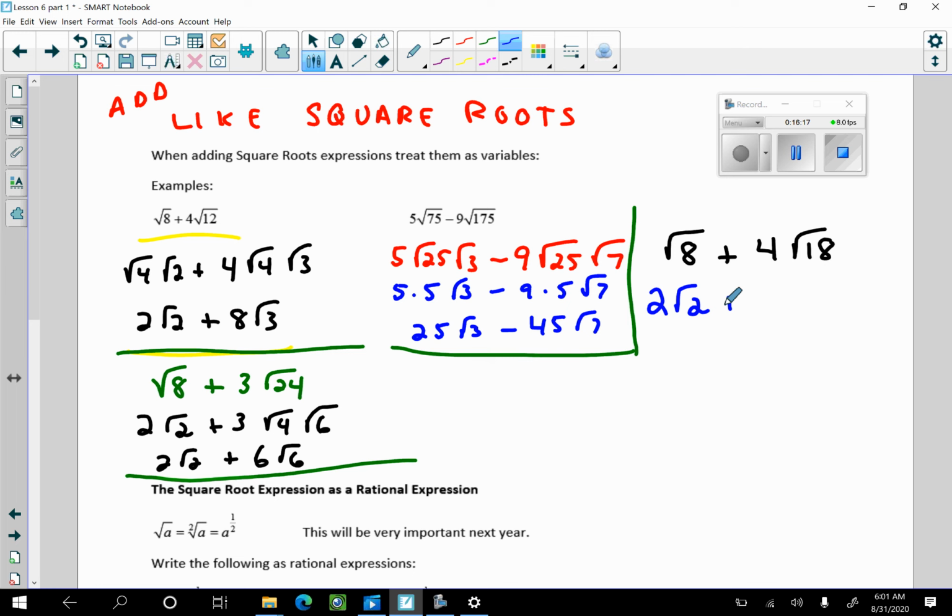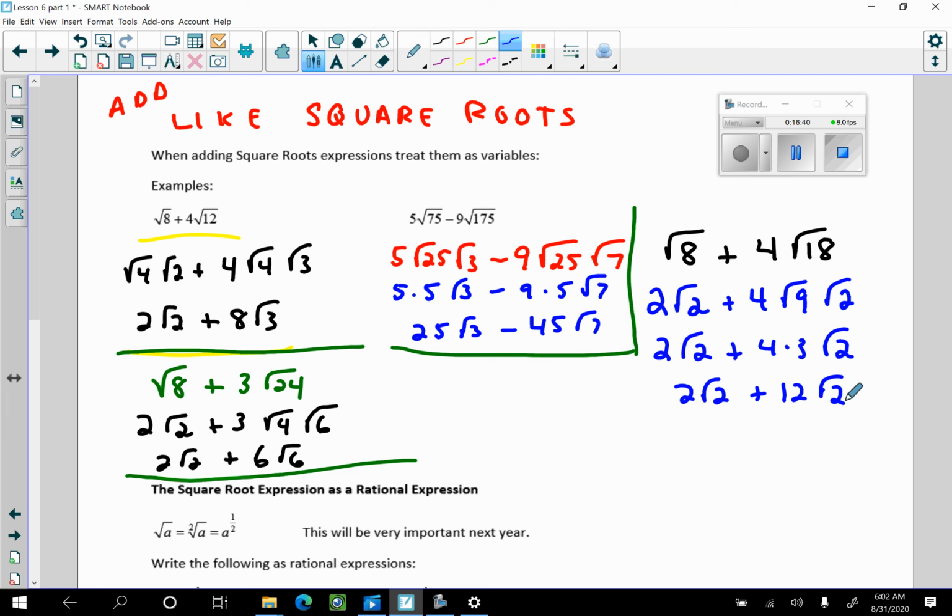And this is going to be plus 4 square root of 9 square root of 2, because 9 times 2 is 18. So this is going to be 2 square root of 2 plus 4 times 3 square root of 2, which gives us 2 square root of 2 plus 12 square root of 2's.